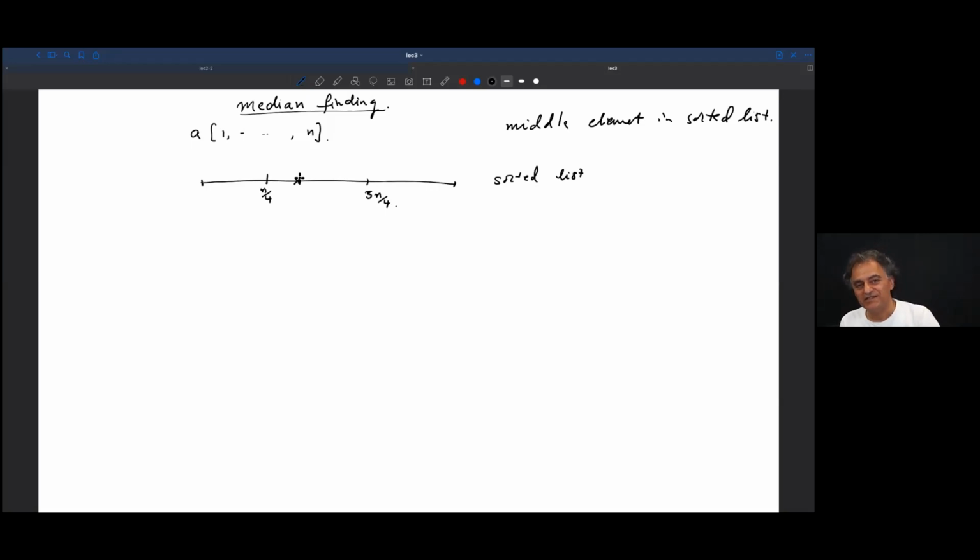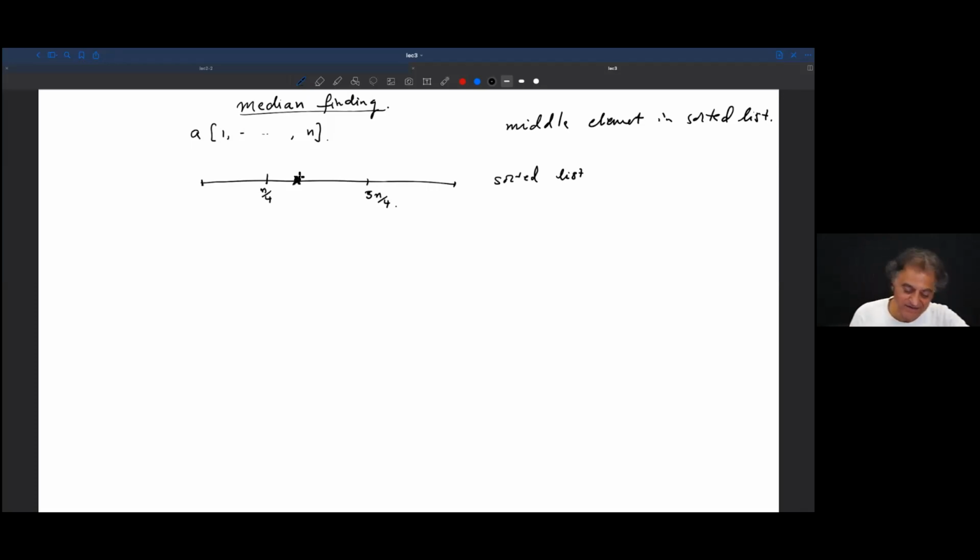Then what I can do is compare each element of the list to this special element that I've picked out. This will take me n comparisons. And in the process, what I would know is how many are smaller and how many are larger, right? And whichever is the smaller set, I can discard it.